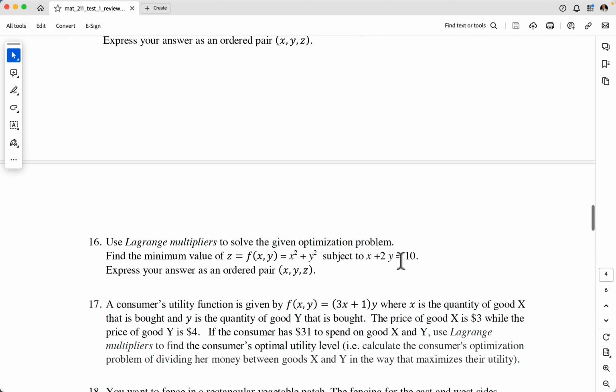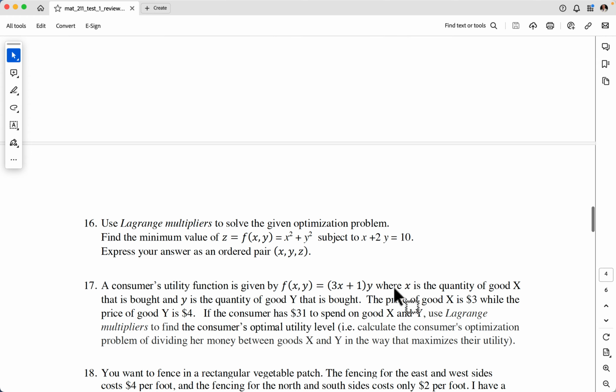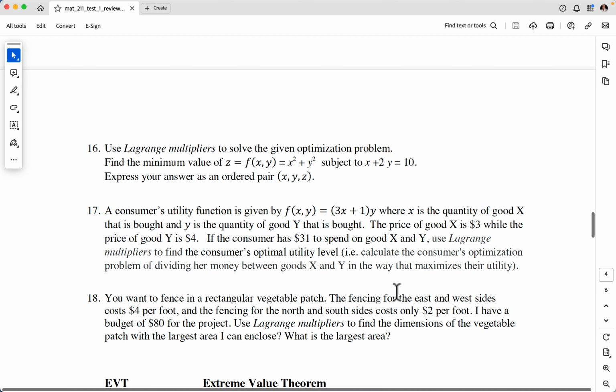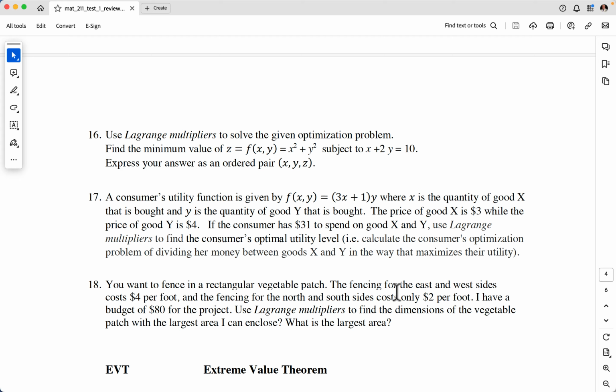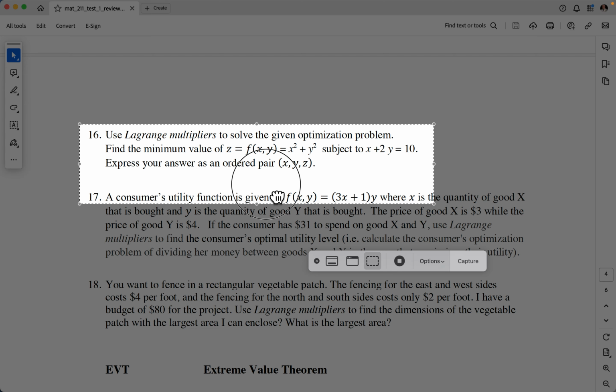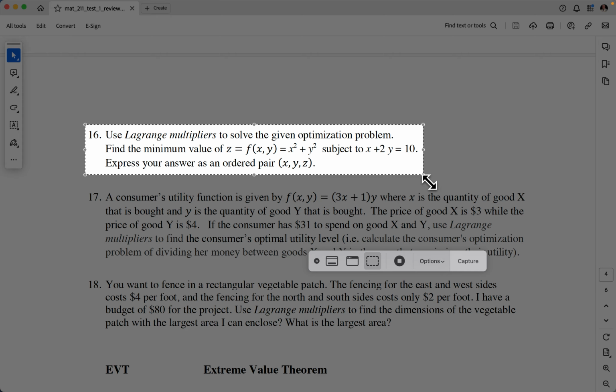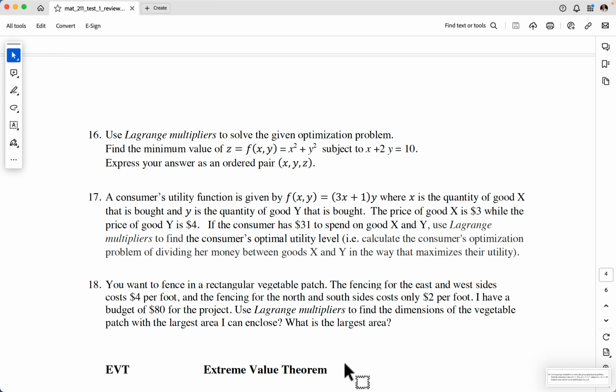Here's Lagrange multipliers. That would be more challenging, but again, I want to do one that's similar to what we've got, and they want to test that you know how to use a Lagrange multiplier. For this one, they don't provide... They give you both functions. Okay, so let's take that one.